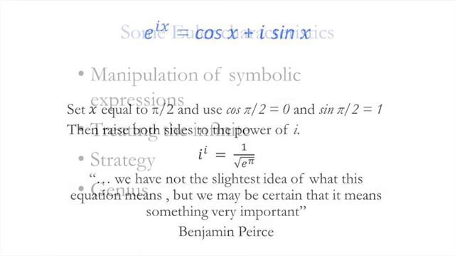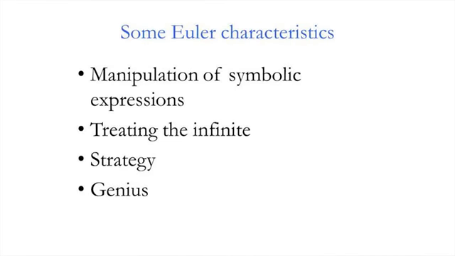All right. Well, let me try to pick out, just coming to the end now, some of Euler's characteristics. There was his manipulation of symbolic expressions. He had a fantastic ability to manipulate symbolic expressions. And we saw examples of his symbol manipulation in his work on the infinite series view of the exponential and trigonometric functions. And Euler has the reputation of being probably the greatest symbol manipulator ever.